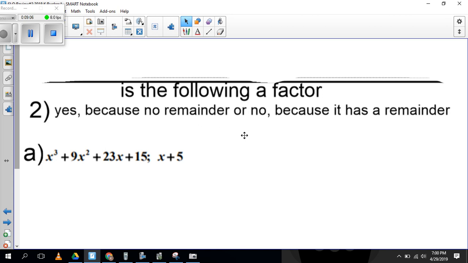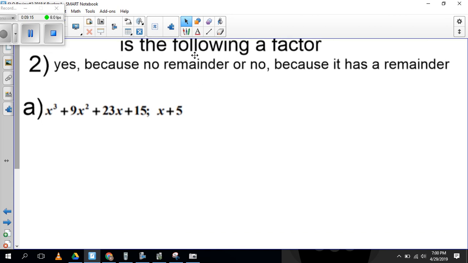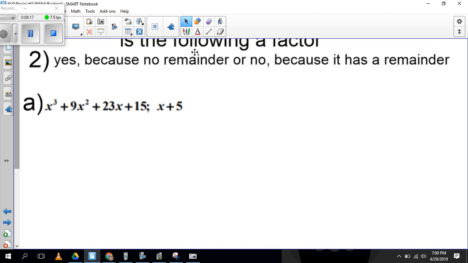Okay, so number 2, it says, is the following a factor, yes or no? So we're going to use the easy one, which is the synthetic division. And it says x to the third plus 9x to the second plus 23x plus 15. Then it has a semicolon, x plus 5.